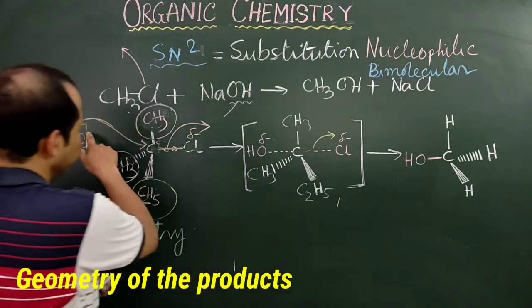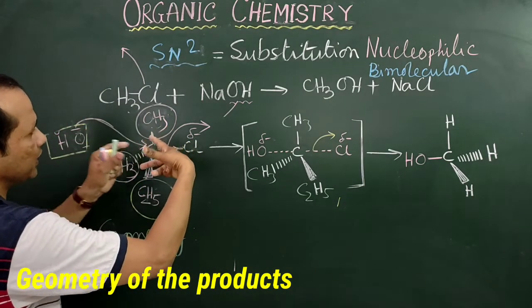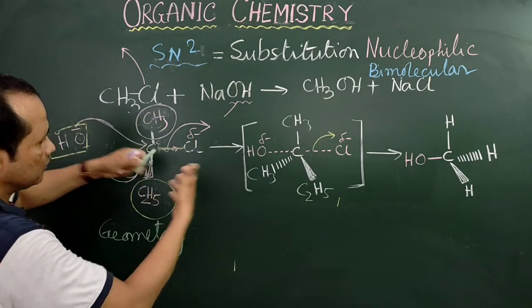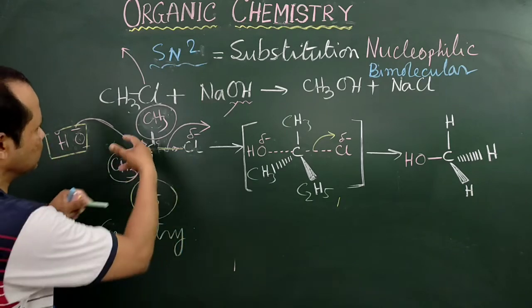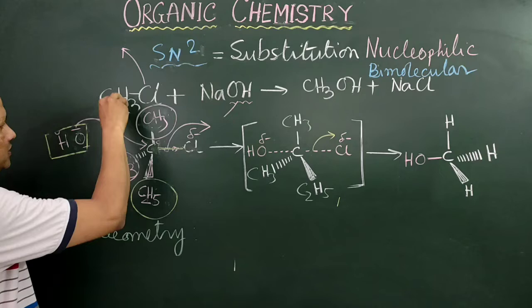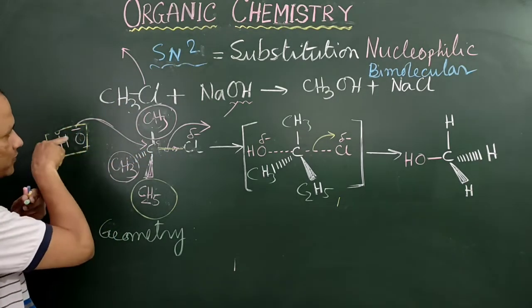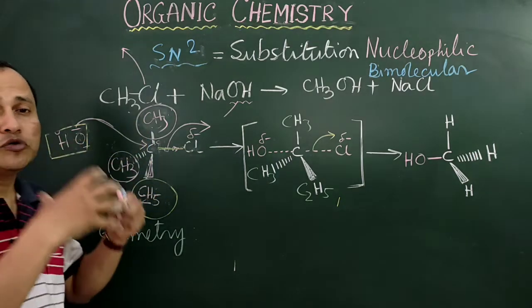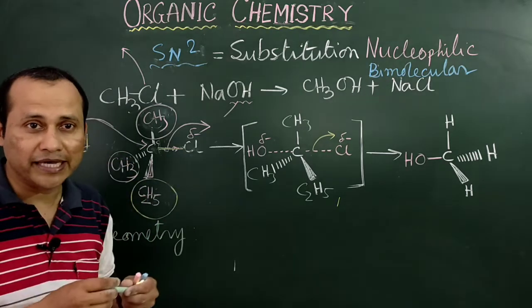Now look here, this was initially like this, methyl, methyl, ethyl, and in this one chloride was there. Now from this side OH is approaching. So in this state what will happen? This is on this side, this one on this side, this on this side, and this larger group is approaching this. So in this portion, due to the bulky size of these groups, a hindrance will be there.